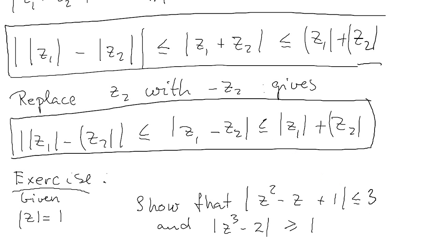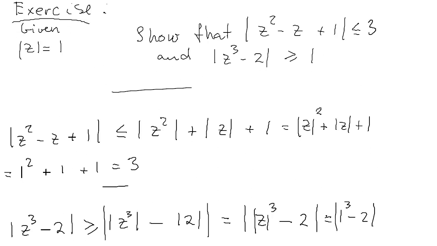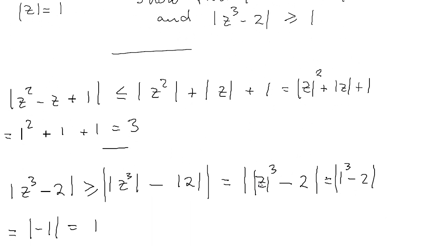And we know that if we take the absolute value of z in the exponent of 3 plus minus 2, then this should be larger than the absolute value of the difference between the absolute value of the first complex number minus the absolute value of the second.